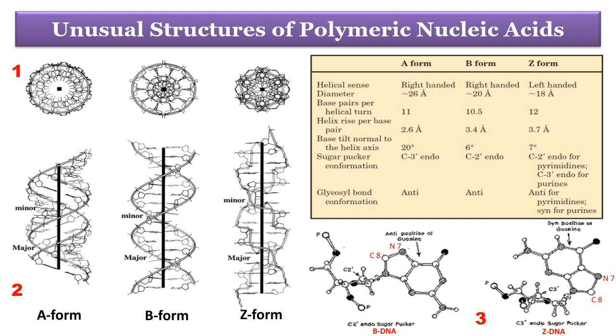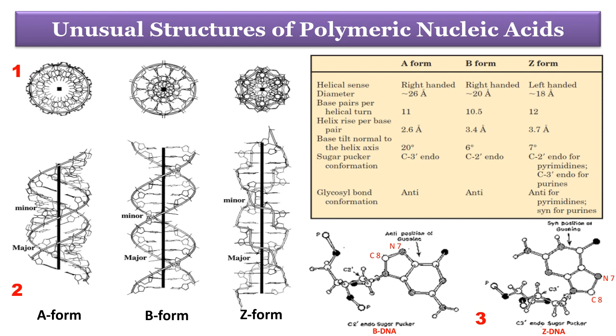The A and B form DNA are arranged in a right-handed double helix, while Z form is a left-handed helix. Also, the double-stranded segments of RNA adopt the A form structure that is very similar to the A DNA conformation. In A form, the helix is wider and the number of base pairs per helical turn is 11 rather than approximately 10.5 in B DNA.